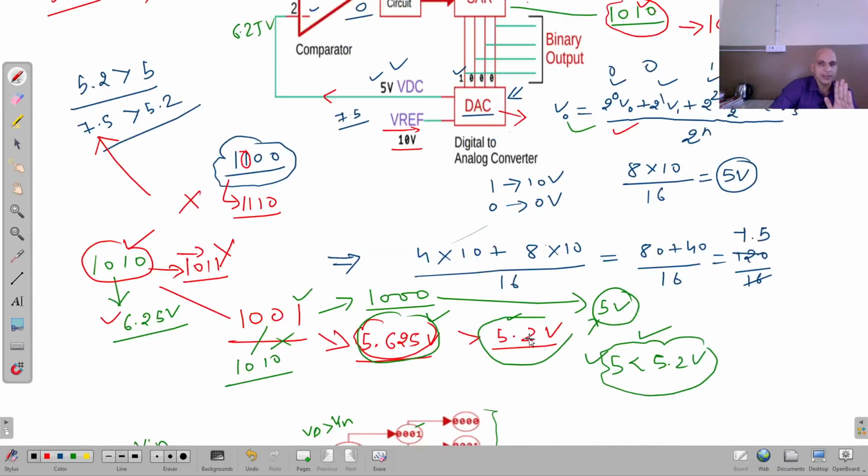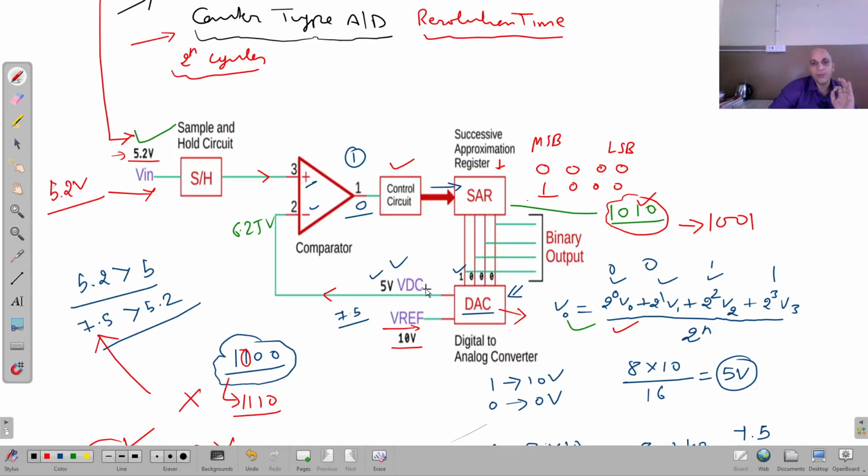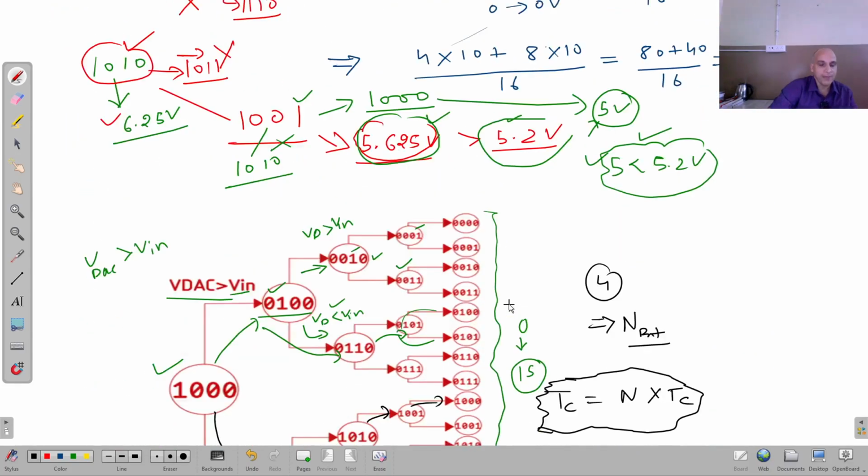Now in this type of converter, we don't have to start from 0 every time, because when we are here, we just look at the adjacent values to this number. We will not go to that here. But in the counter type A to D converter, we were starting from here every time. This was the drawback, right? But here we are doing only the approximation to the next, nearest value, right?